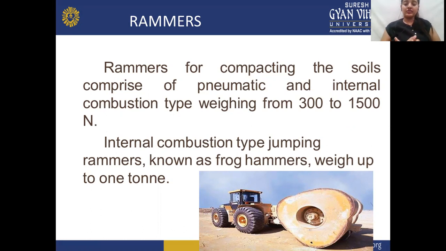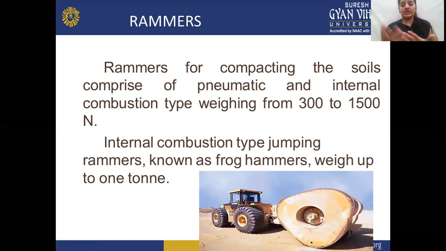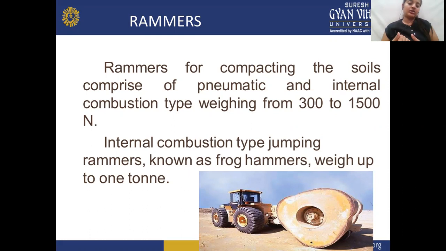And then ramming, as you understand by the word, means hitting, or sudden impact loading on the soil, which exerts extreme pressure on the soil so that the soil can get compacted, and the voids in between can be drastically reduced.